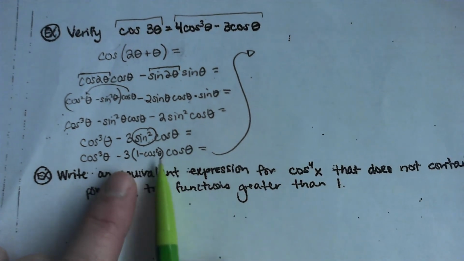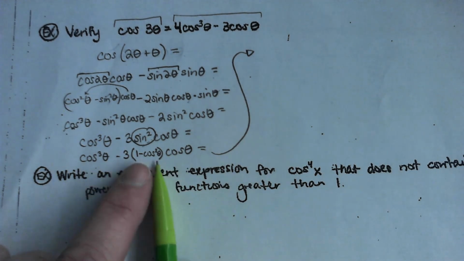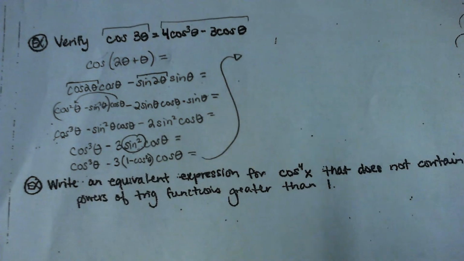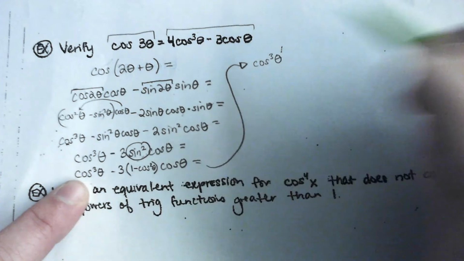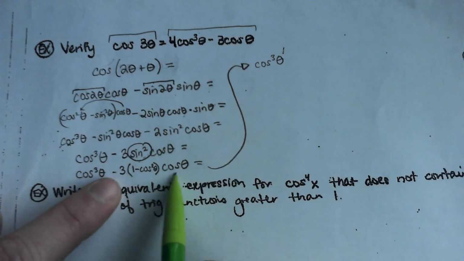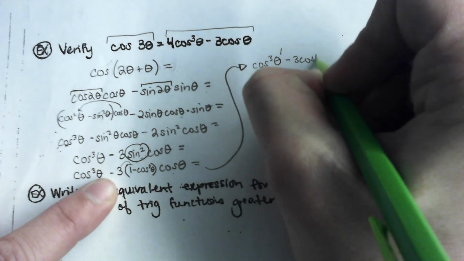Even though it's written in that order, does everyone buy that I'm really just distributing negative 3 cosine theta to the set of parentheses? Good, John? Okay. So cosine cubed theta is still there, and I'm distributing negative 3 cosine theta to 1, so it'll be minus 3 cosine theta.